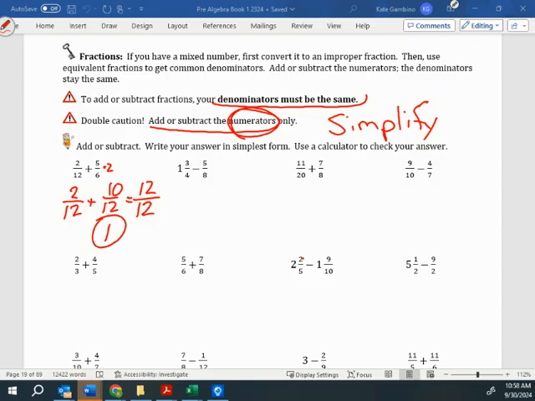Okay? What do I do with my next one? 1 3/4 minus 5/8. What's my first step? Heather, make the mixed number an improper fraction. How do I do that? How do I turn a mixed number into an improper fraction?